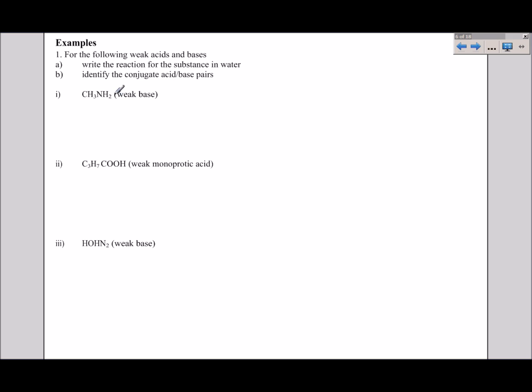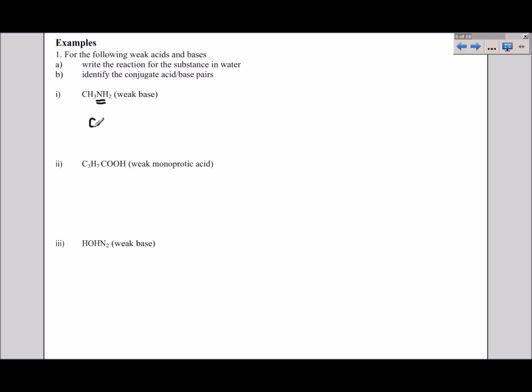So in this case, you're being told that it's a base, but the fact that it's a base and it's got a nitrogen in it should be noticed. So this is an amine.